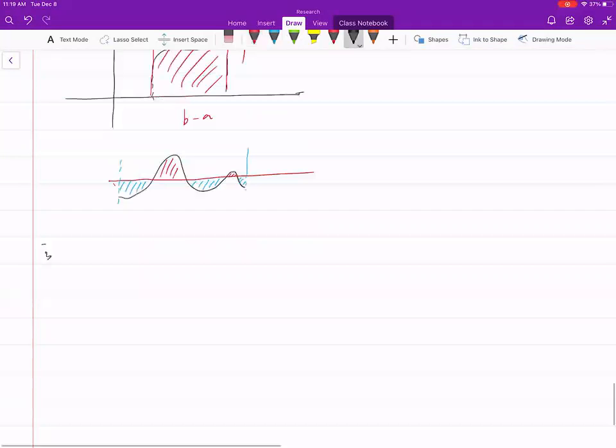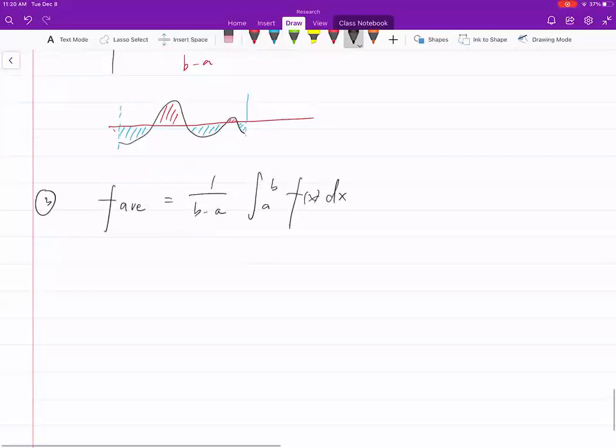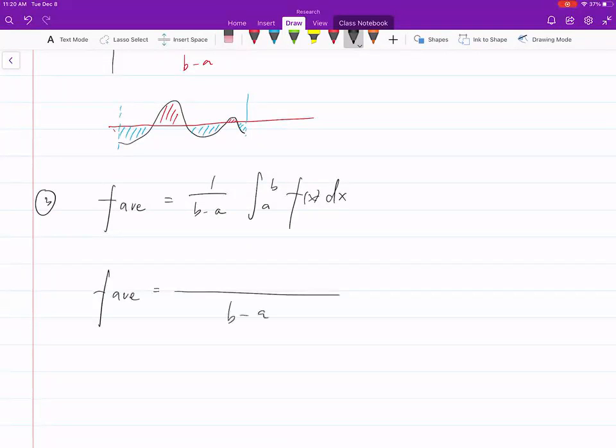Number 3. Let's look at this formula. We know how to do the integral, and we can write things in this way, right? So what do you mean?